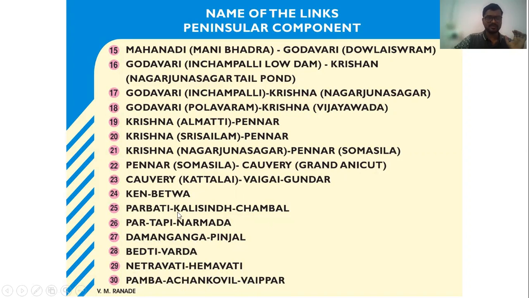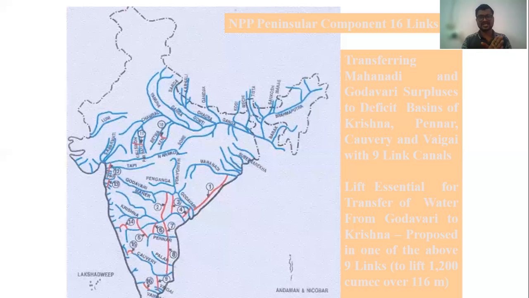Those are the proposed links of the basin transfer or the interlinking of the rivers. That means connecting from one reservoir of a river to another reservoir or another river, there are a total of 30 links. Those are the main 16 links, but in between those we have additional ones, making 30 links. Those are for the peninsular component.